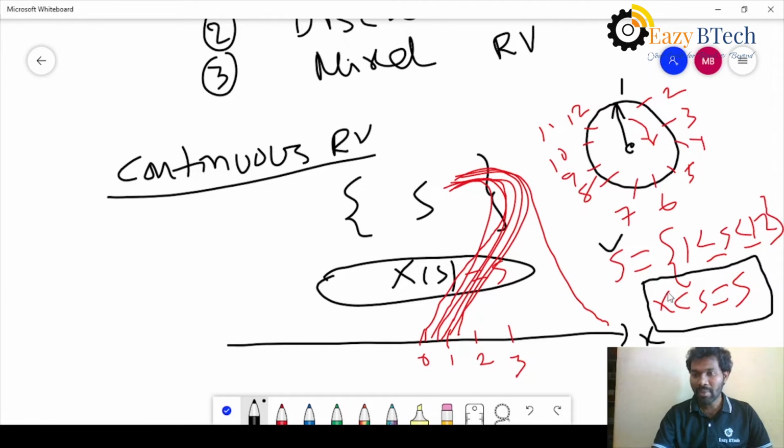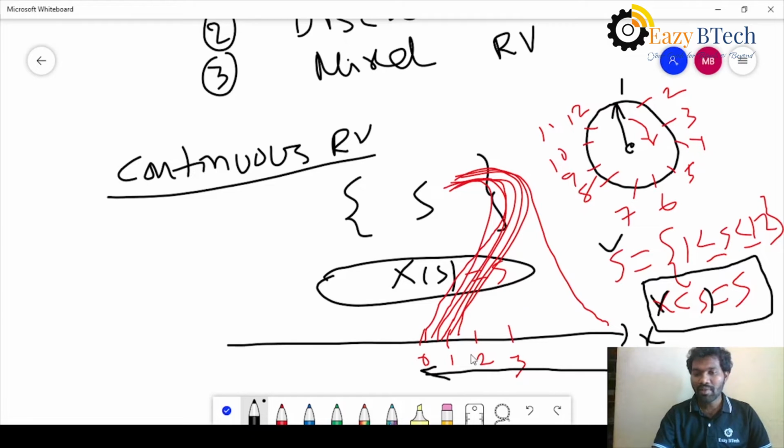Now I am defining my X of s like this, X of s equal to s, same as the sample space. So if you see here, the sample space is continuous. In the same way, we are defining X of s equal to s. To map all the elements of the sample space onto the real axis, I need infinite points.